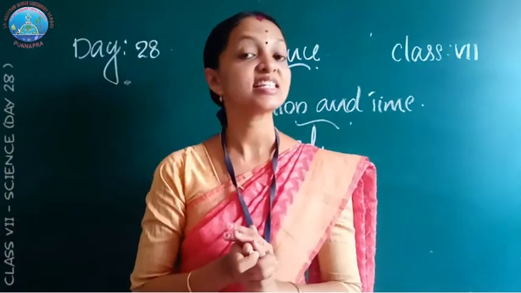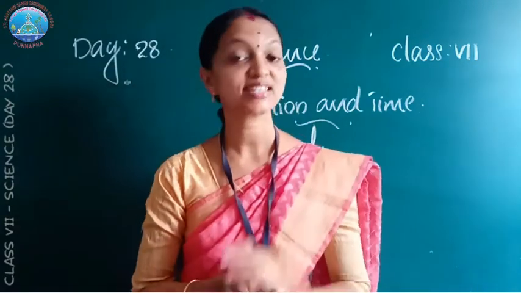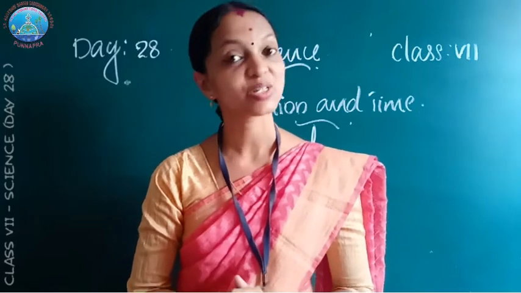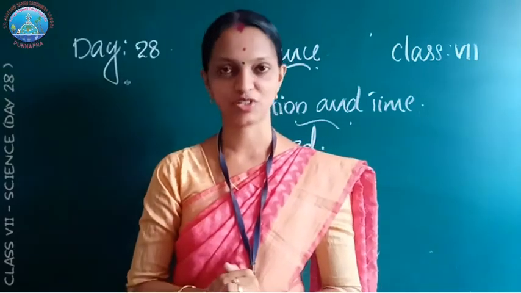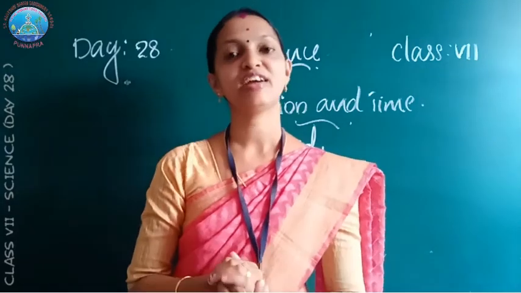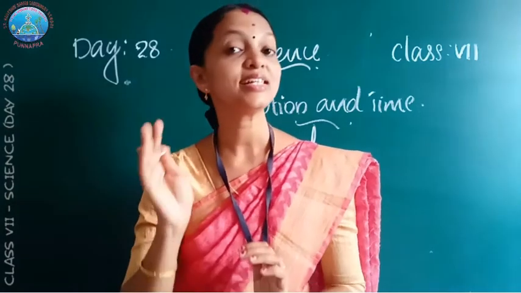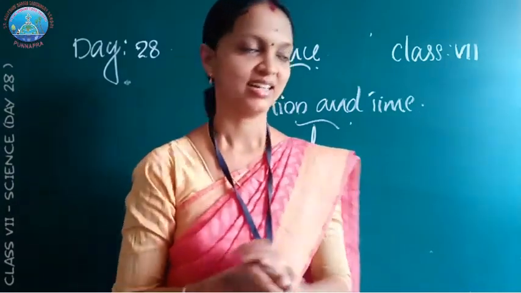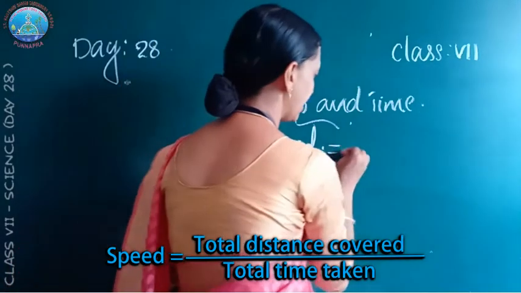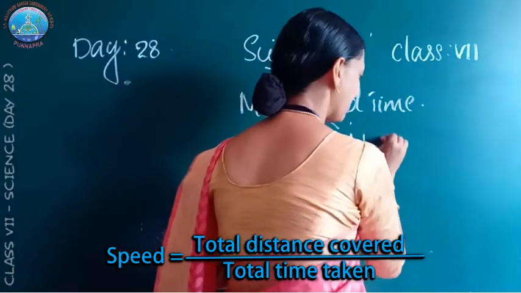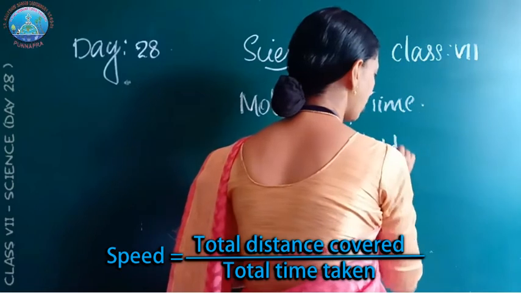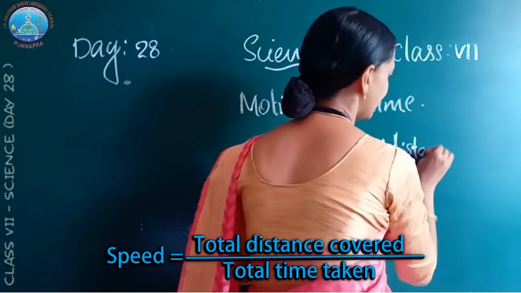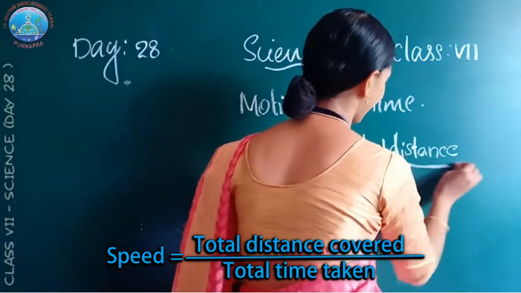So we can find the speed as total distance covered divided by total time taken.